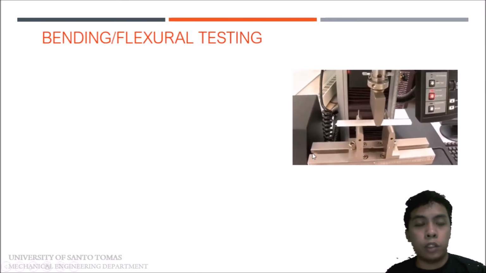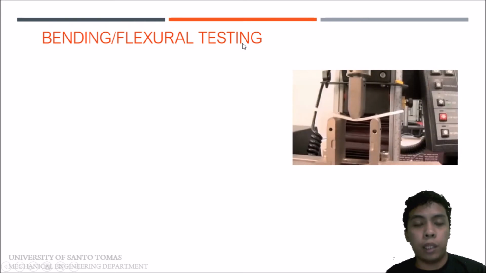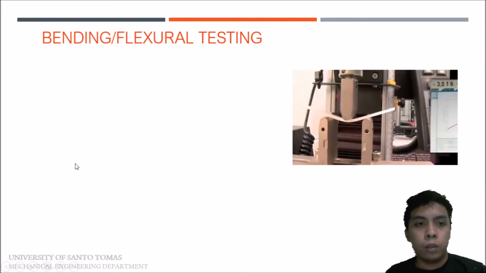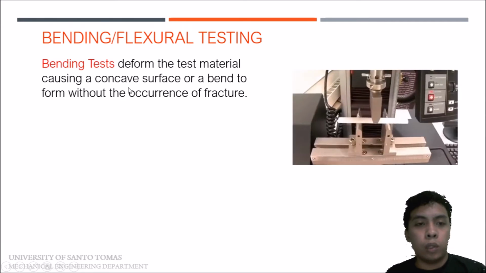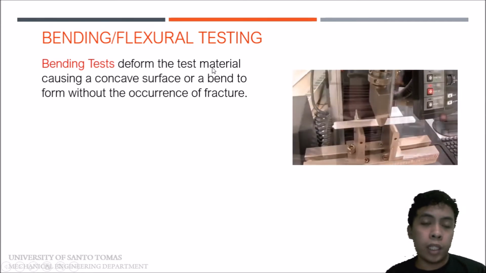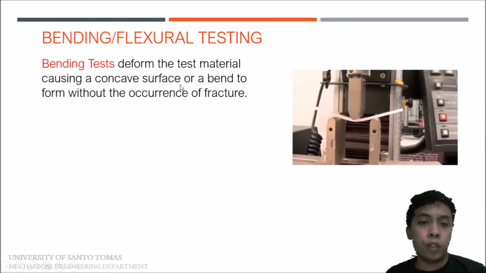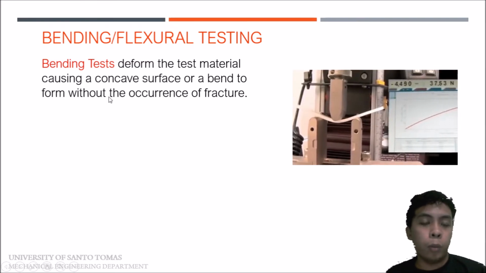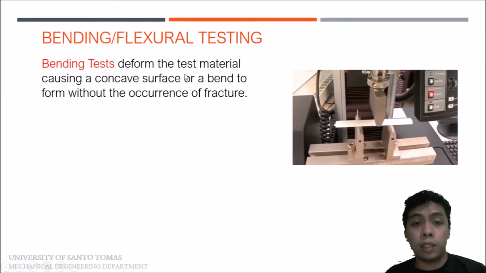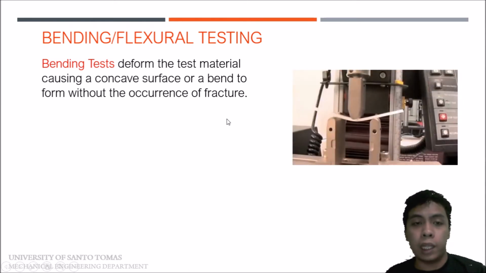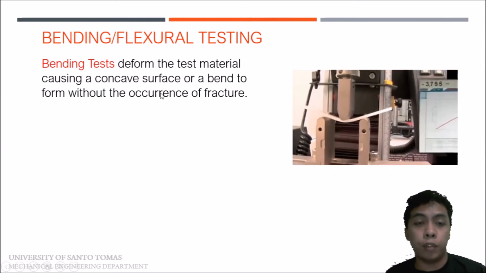So next, let's talk about bending or flexural testing. In bending tests, it deforms the test material causing a concave surface or a bend to form without the occurrence of fracture. It is still considered a destructive test because yung material natin nagkakaroon ng plastic deformation.